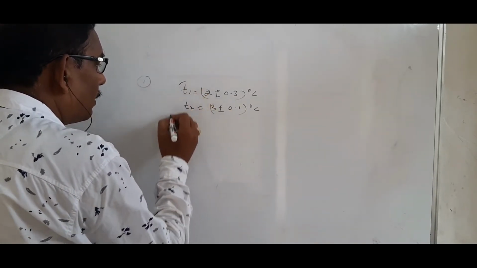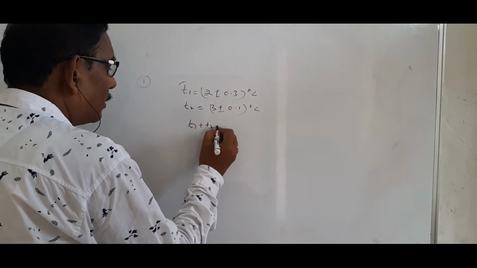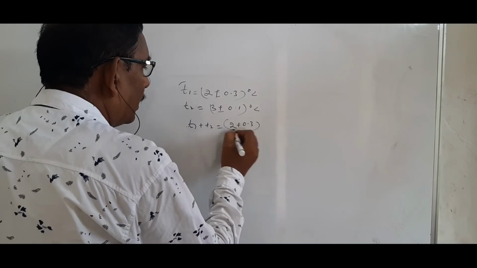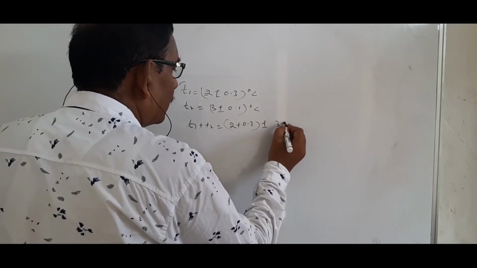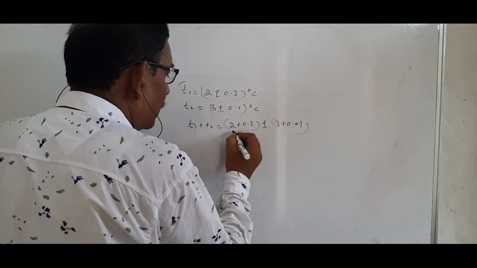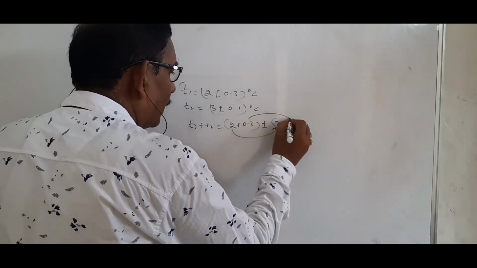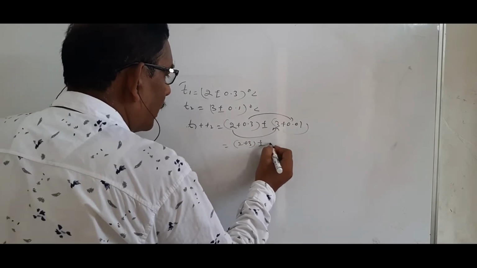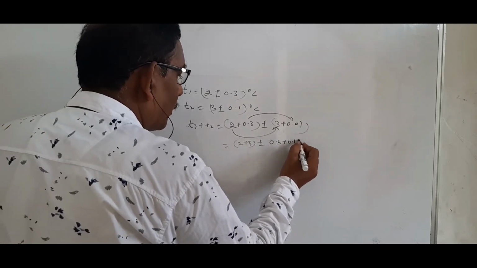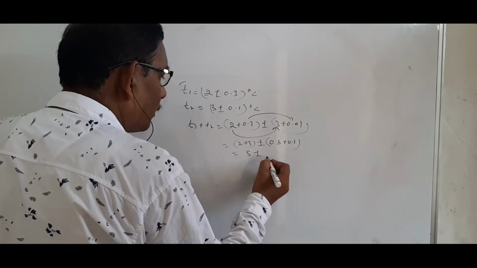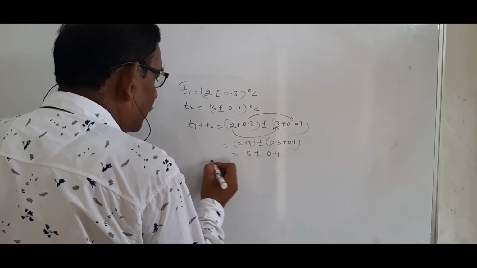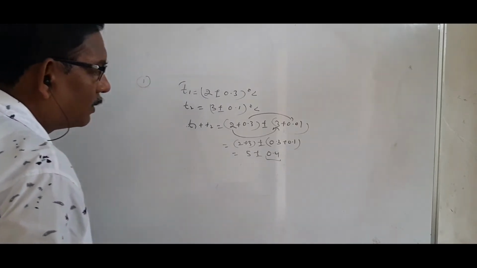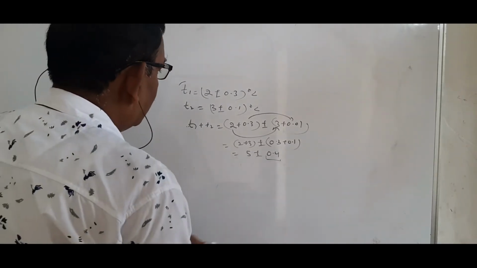The sum of these two values, T1 plus T2, is 2 plus 0.3 plus minus 3 plus 0.1. You have to add these: 2 plus 3 plus minus 0.3 plus 0.1, which is 5 plus minus 0.4. It is your answer. So 0.4 is the maximum possible error.